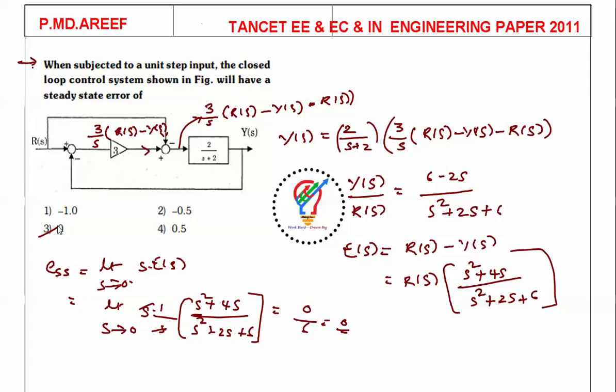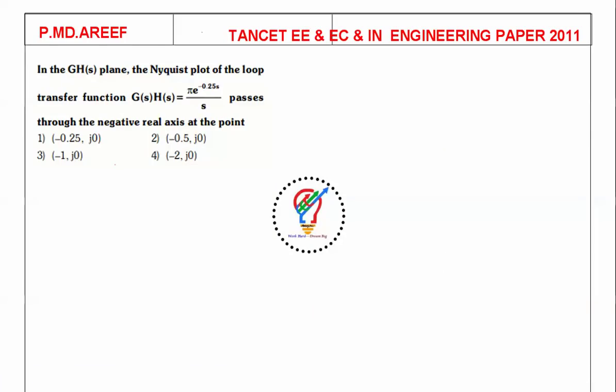Next question, again from control systems itself. In the GH plane, the Nyquist plot of an open loop transfer function G(s)H(s) equal to pi times e^(-0.25s) divided by s passes through the negative real axis at the point. A similar kind of question was asked in GATE 2019.